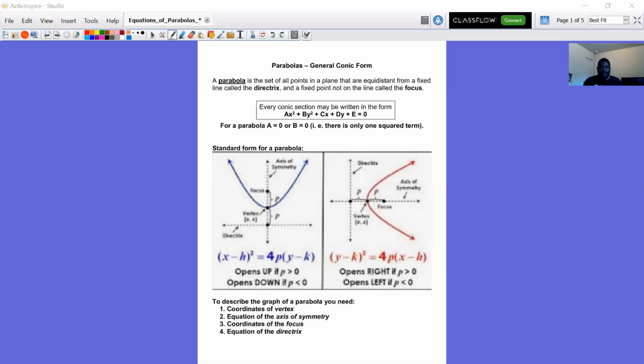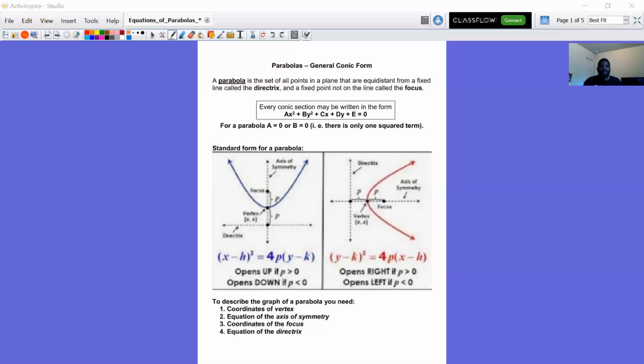If that number that we factor out, and you'll see when we do examples, is positive, then the parabola will open up or to the right. If the number is negative, then the parabola will open down or to the left.